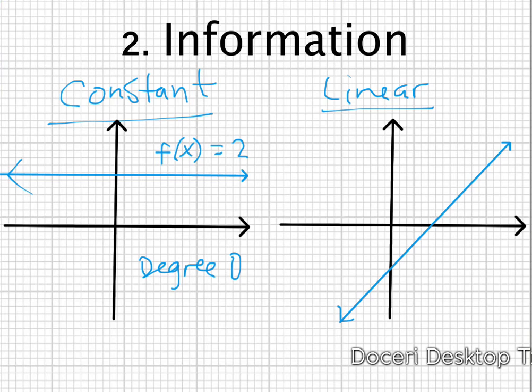This is going to represent something like f of x equal to 3 over 2x minus 3. This is of degree 1. What's important here is it crosses the x-axis once at that point.